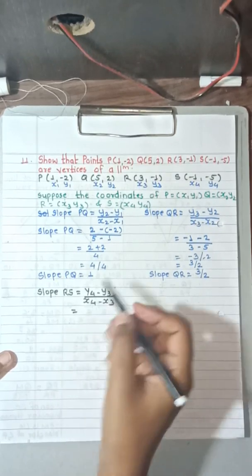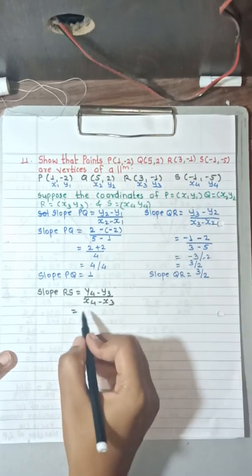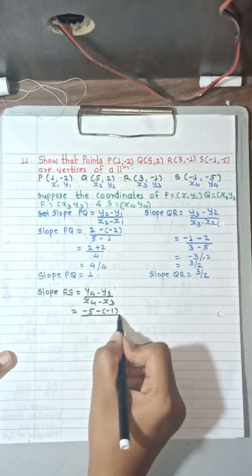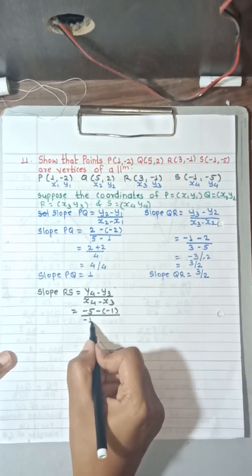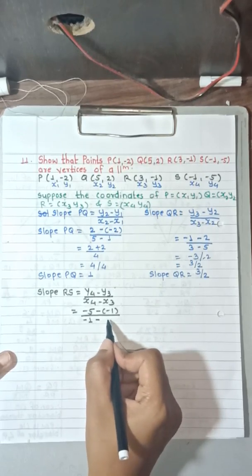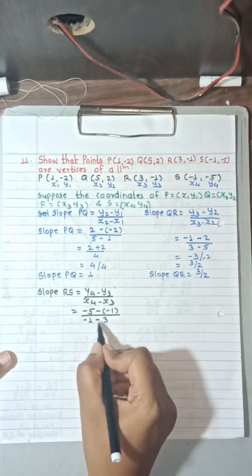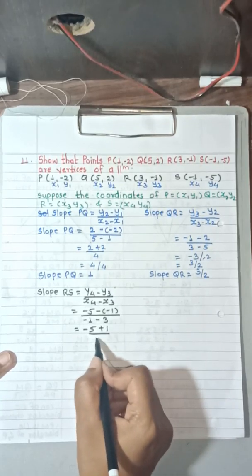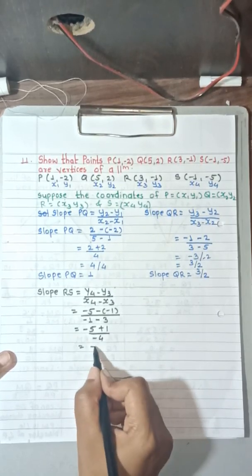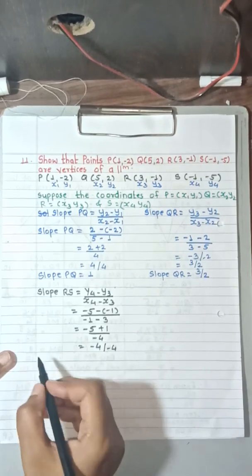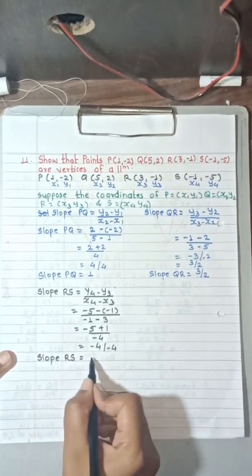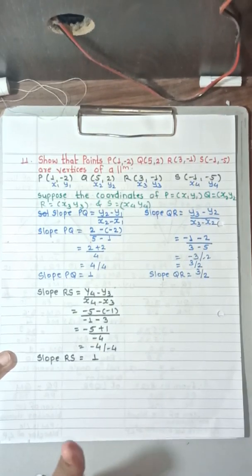So what is y4? y4 is minus 5 and y3 is minus 1 upon x4 is minus 1 and x3 is 3, that is equal to minus 5 plus 1 upon minus 4, that is equal to minus 4 upon minus 4. Therefore slope RS is equal to 1. Minus minus will become plus.